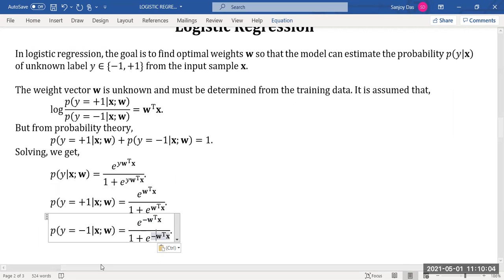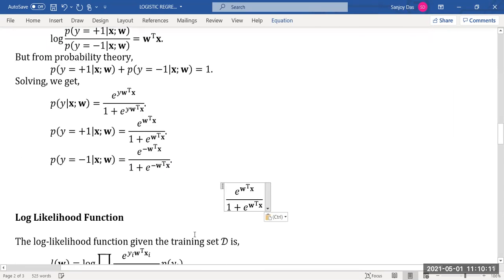And you can easily show that the sum of the two probabilities must add up to 1.